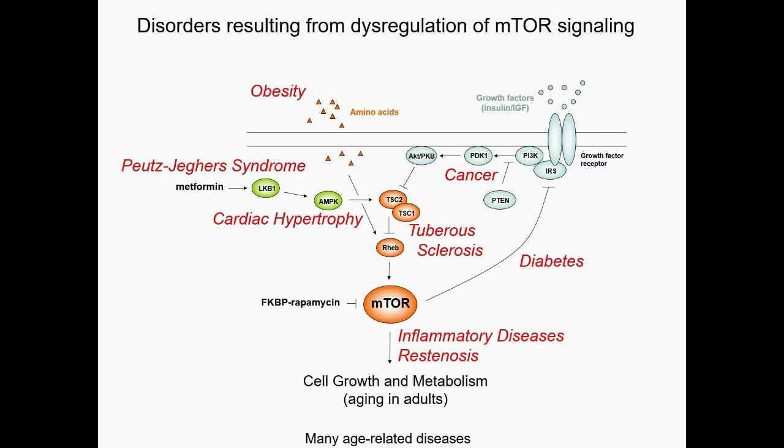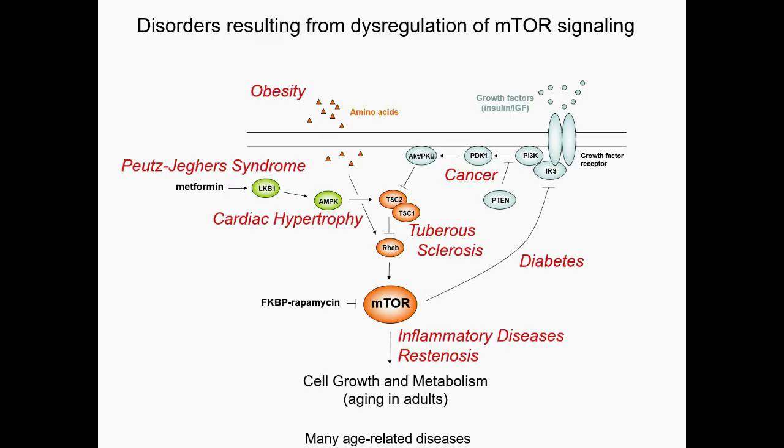So mTOR is involved in many diseases, and what is also interesting about this image here is that almost all these diseases you see here are so-called age-related diseases, which brings me to the important point that mTOR also controls aging.